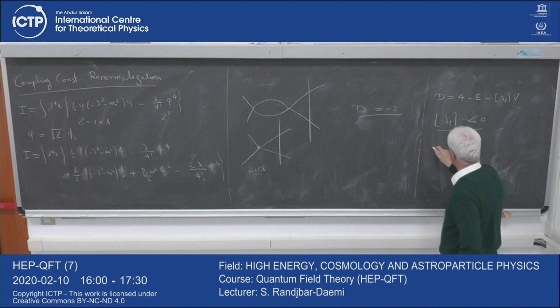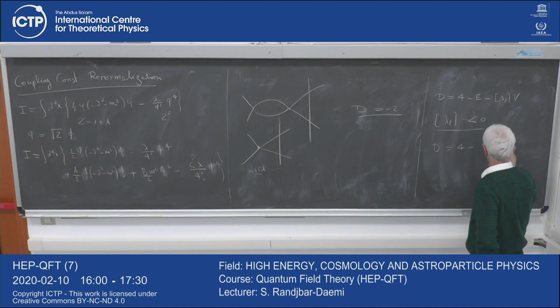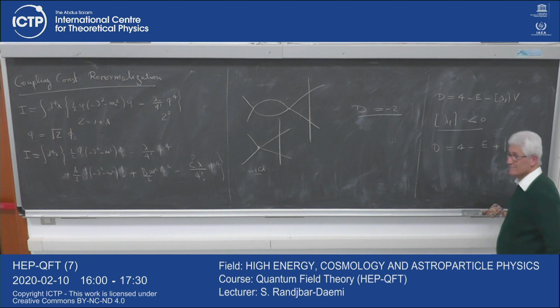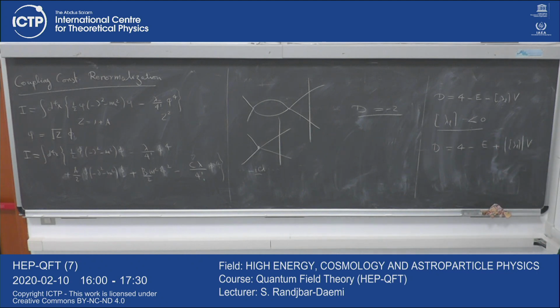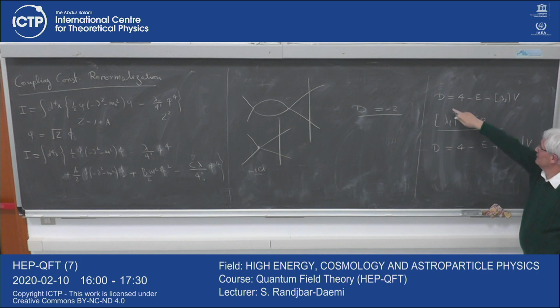So in this case, D equals 4 minus E plus the absolute value of lambda_L times V, right? In 4 dimensions, if you increase E, very quickly you will reach a situation where D becomes negative.